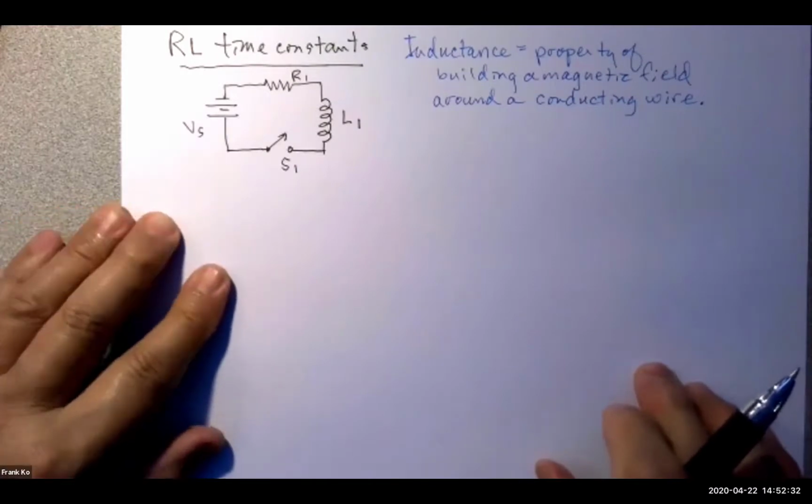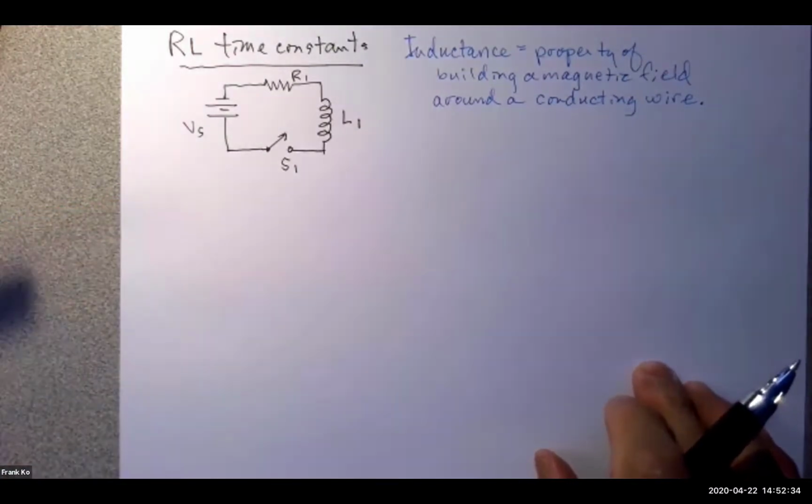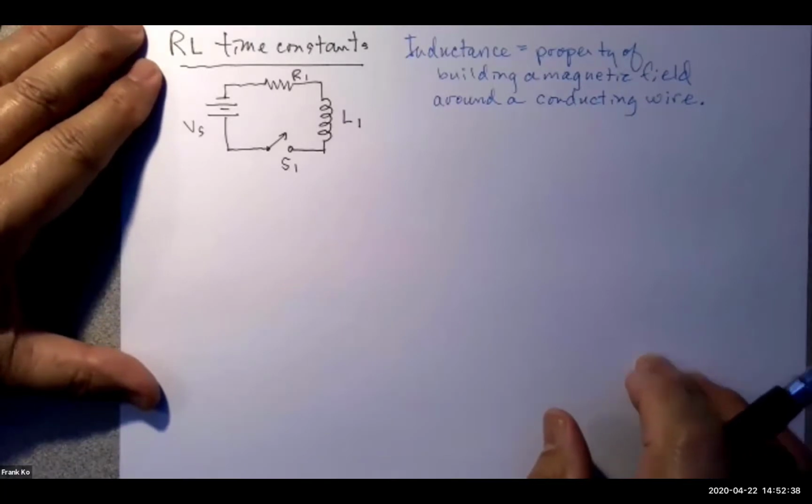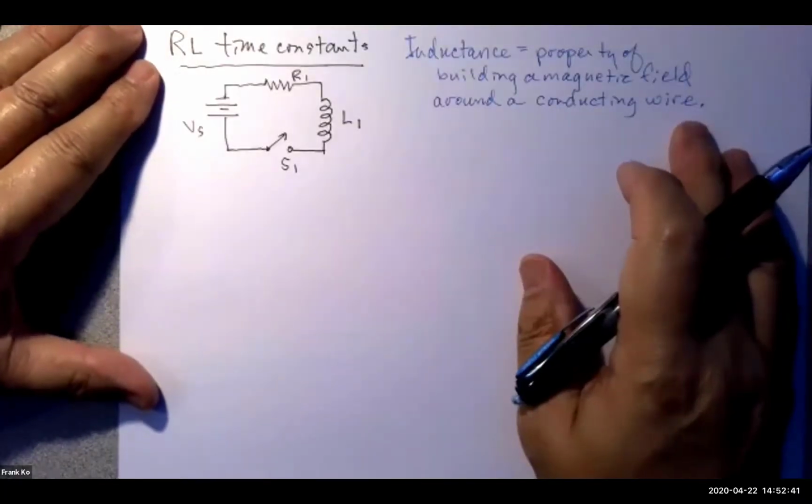That's one definition of inductance. Inductance can be thought of as the property of building a magnetic field around a conducting wire.